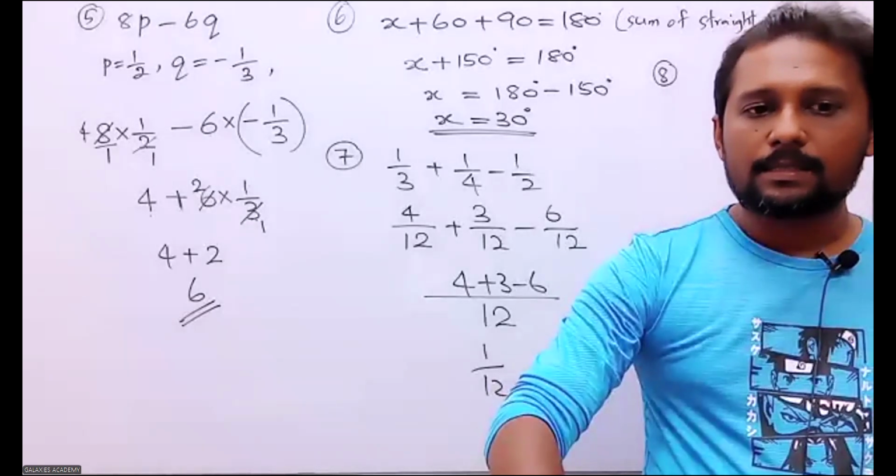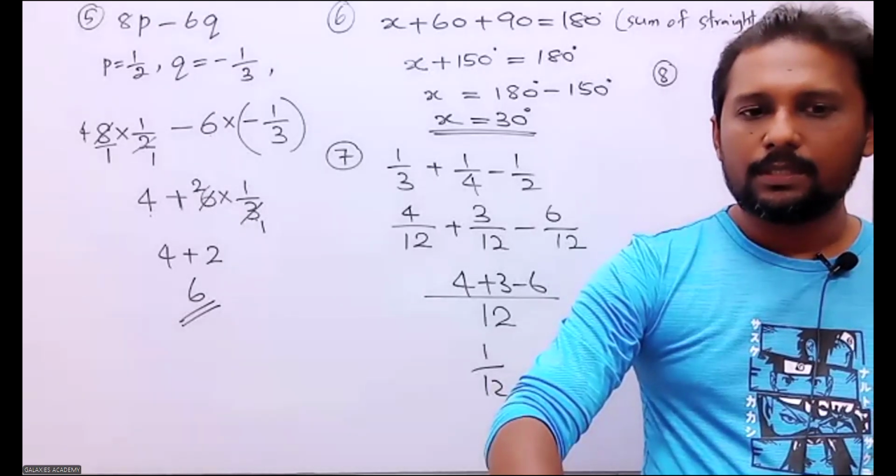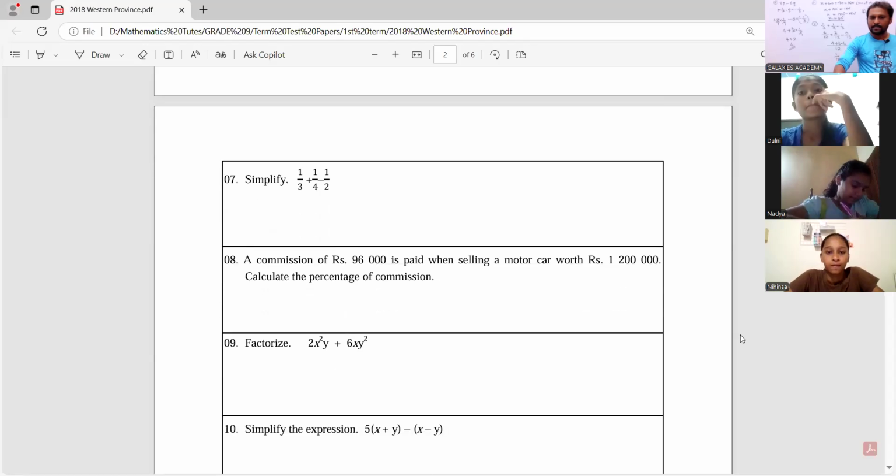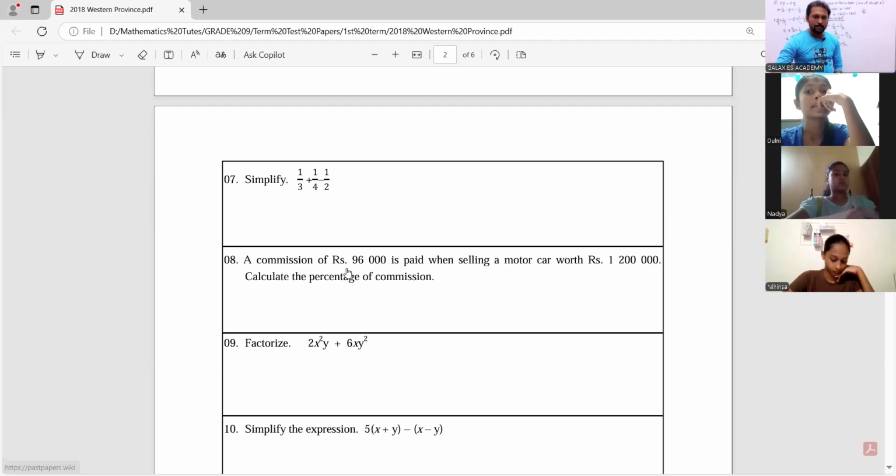Right. Then let's go to question number 8. Number 8 is given in percentages. A commission of 96,000 is paid when selling a motor car worth 1,200,000 rupees.